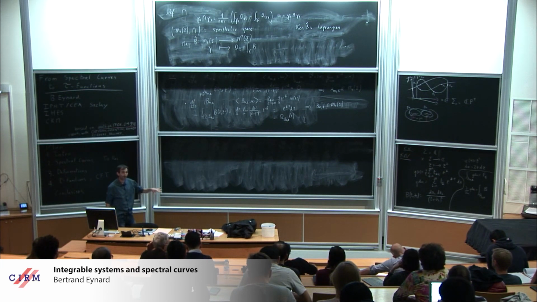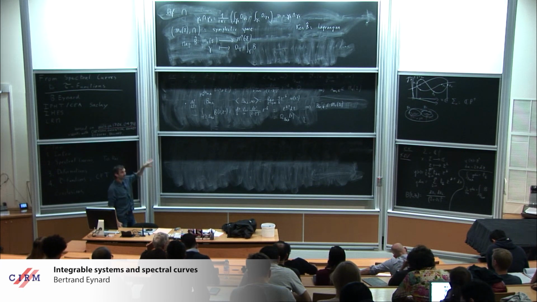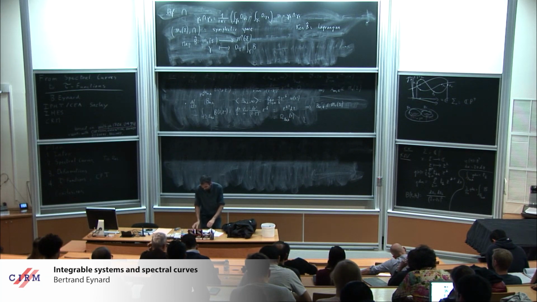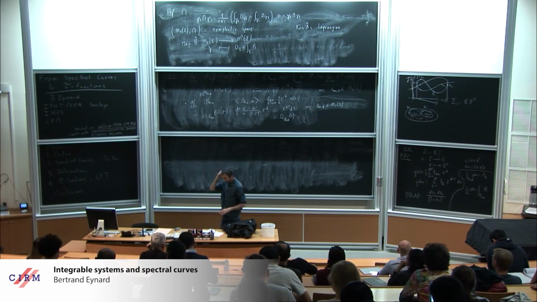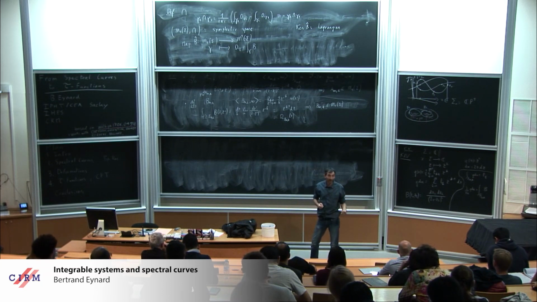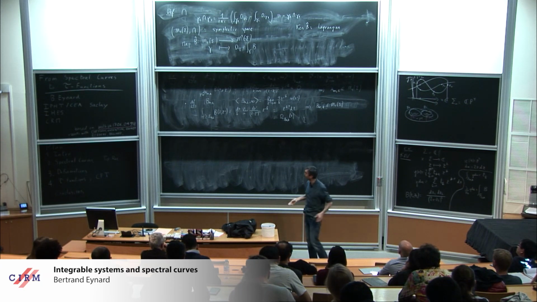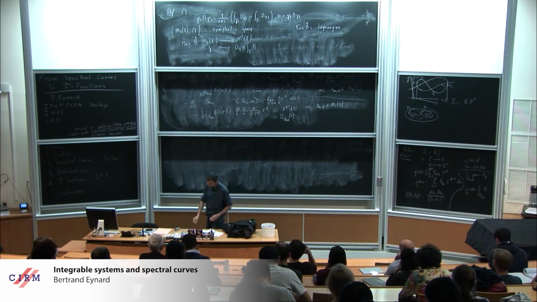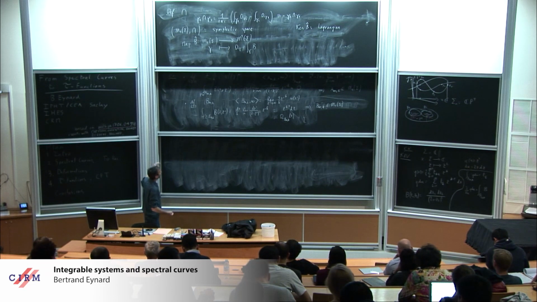So every one form can be obtained as integrating B on a certain cycle. But this is surjective, not injective, because B hat has a kernel. In fact, the kernel is a Lagrangian, it's huge, it's infinite dimensional. So there is not a one-to-one map from a one form to a cycle, but in fact, the converse is true. Given a cycle, you have a one form.